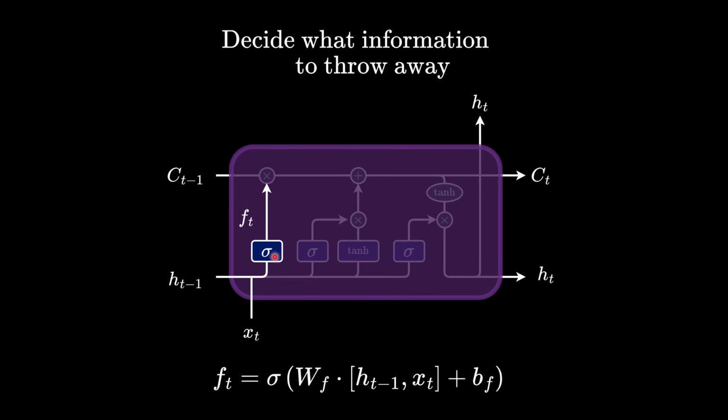So the model carefully decides what parts of the cell state should be removed. For example, imagine we are reading a story. We were talking about one subject. Suddenly, the story shifts to a new subject. The model should forget the old context, and that is what the forget gate does. It filters the previous cell state using element-wise multiplication.